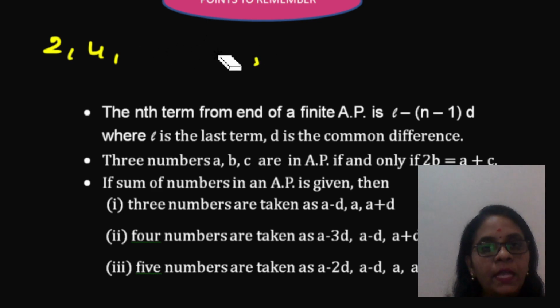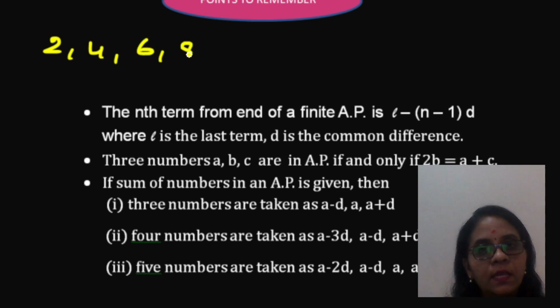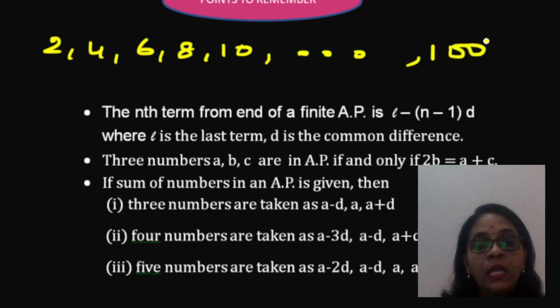2, 4, 8, 6 is not at all an AP. So 2, 4, 6, 8, 10, and I go on till 100. Now I am going to ask you what is the fifth term from the end of the AP.